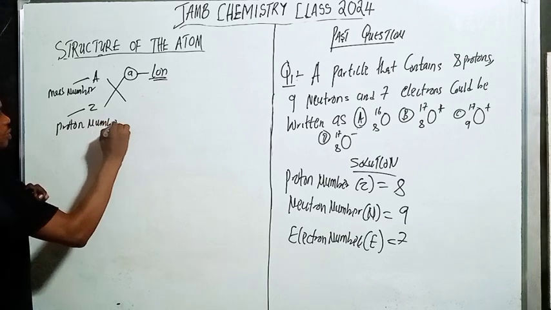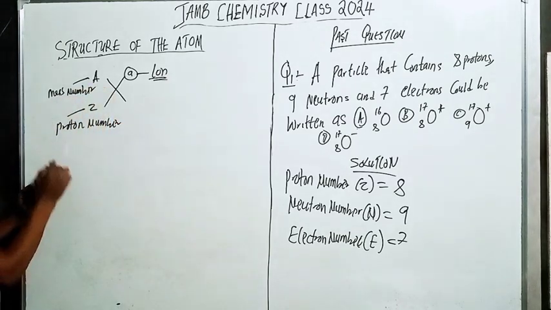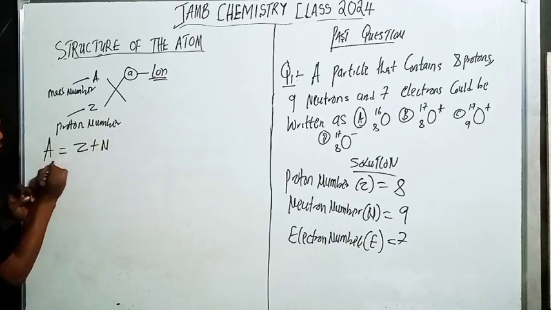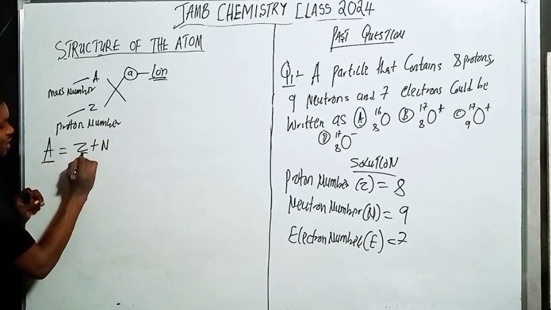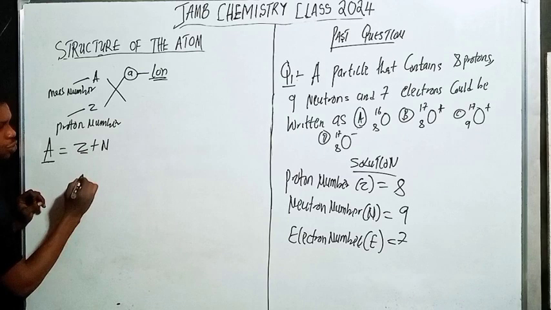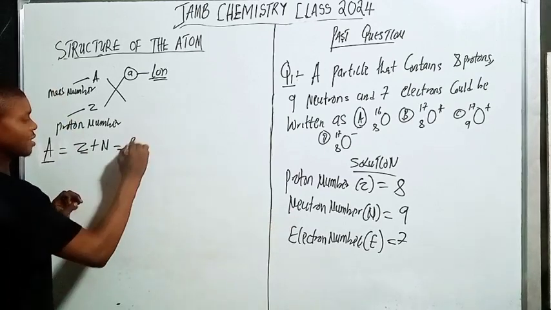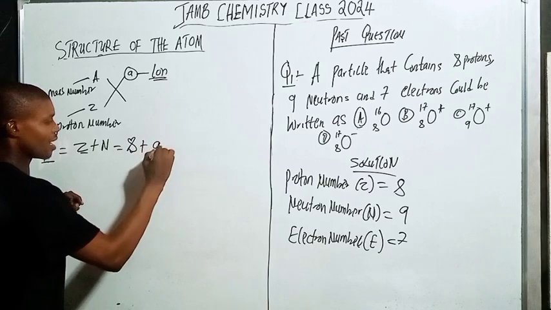So now let's get A. My A is Z plus N, which is the mass number equals the proton number plus the neutron number. So my proton number is 8 plus the neutron number, which is 9.